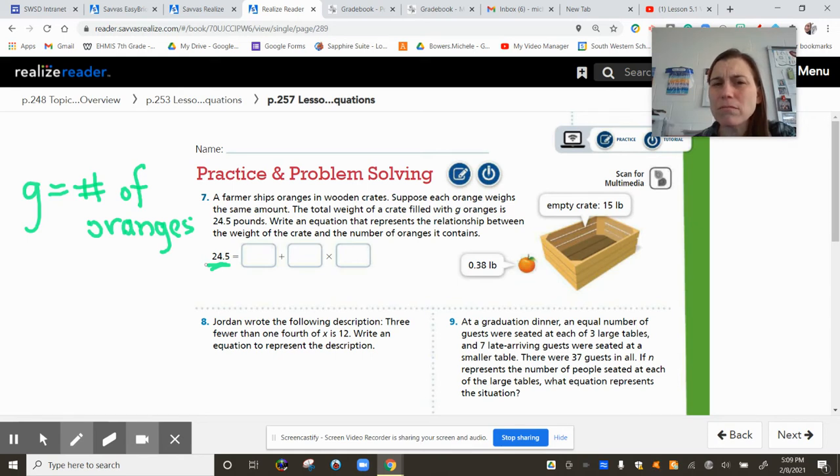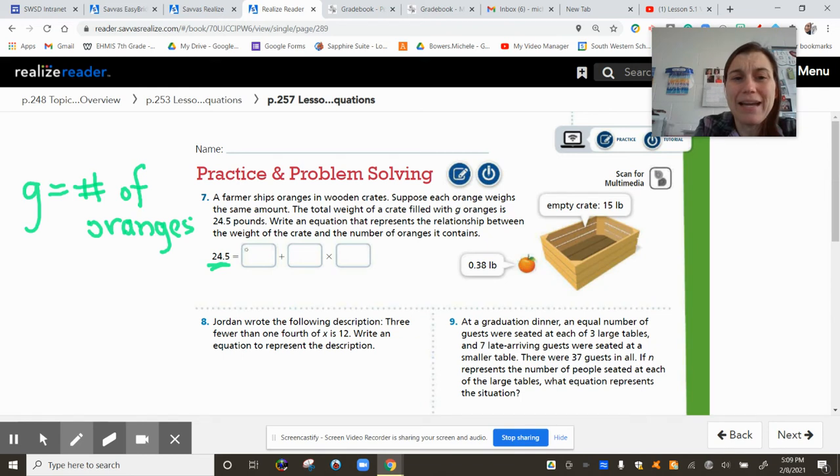Well, wouldn't I just multiply the weight of one orange times the number of oranges? Wouldn't that equal 24.5? Well, no, because here's the thing. They put the crate in too, and the crate has its own weight. So it's not just oranges. When they're weighing the whole thing, they're not just weighing the oranges, they're also weighing the crate. That's combined with it.